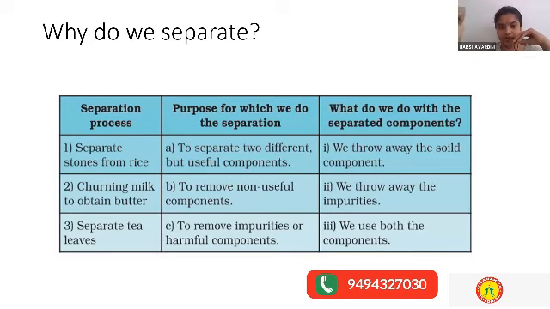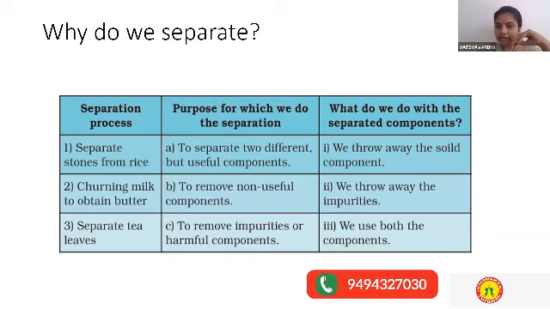I will be framing your question: use the hand picking method to separate items in the bowl. So how will you separate using the hand picking method? You have to separate fruits, vegetables, and spices into 3 different categories. That is the first column, the separation process.